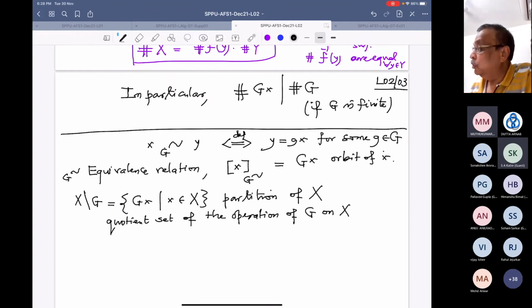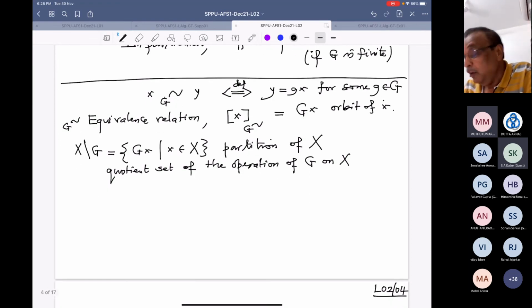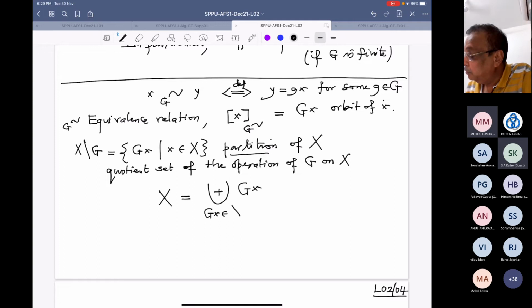All right, so we have this situation. Then what do we do with this partition? Because we know that X is broken into small pieces, that X is a disjoint union of these orbits, which is the meaning of partition, where Gx is varying.